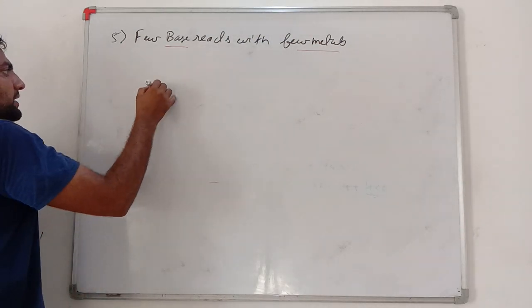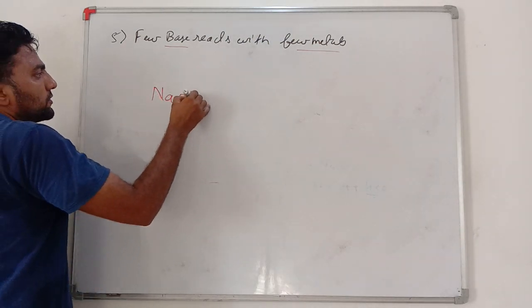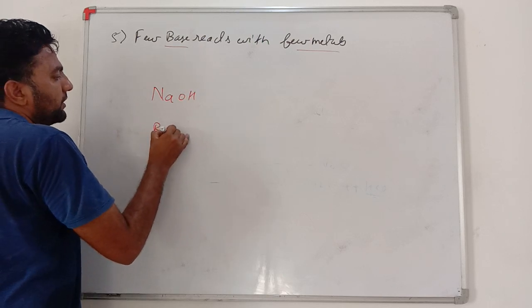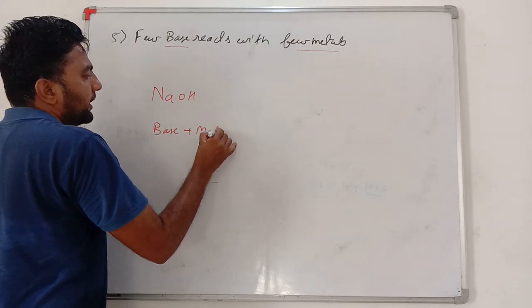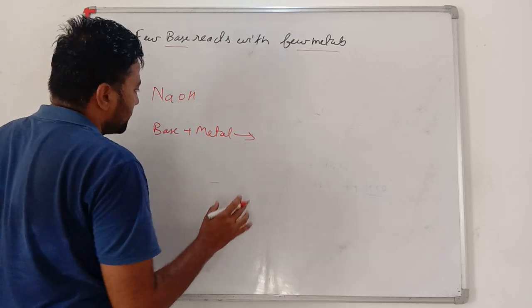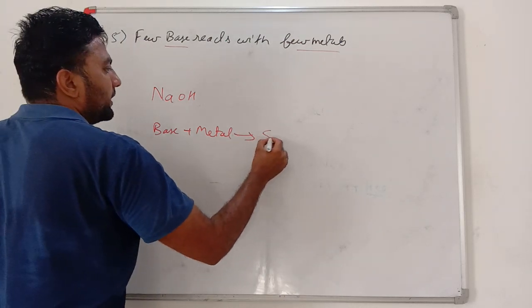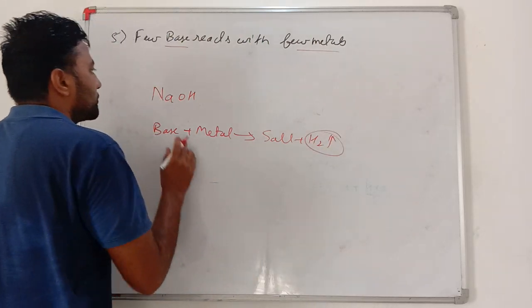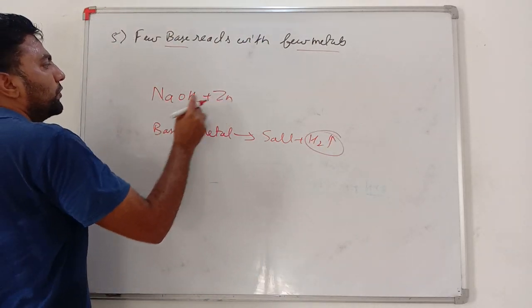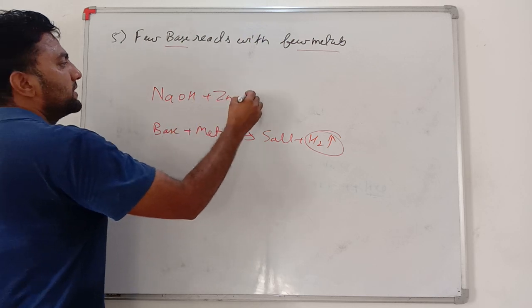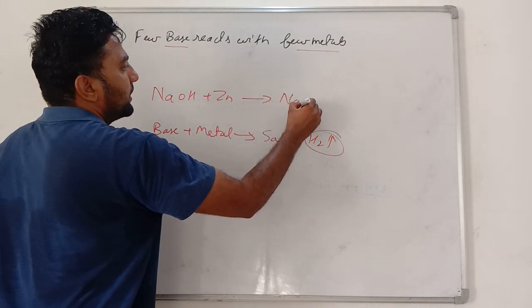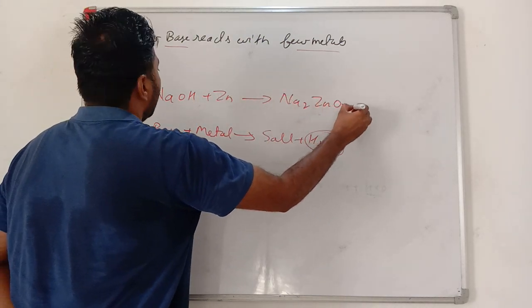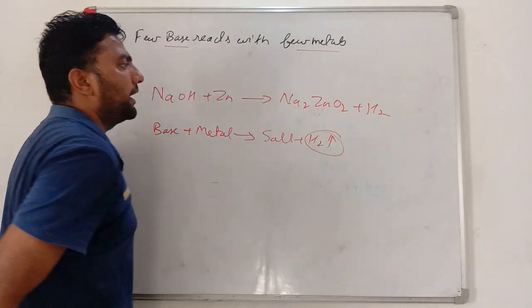So let's take an example. Basically, whenever a base reacts with a metal, we get salt plus hydrogen gas. If sodium hydroxide, that is the base, is reacted with zinc, we get Na2ZnO2 plus H2.